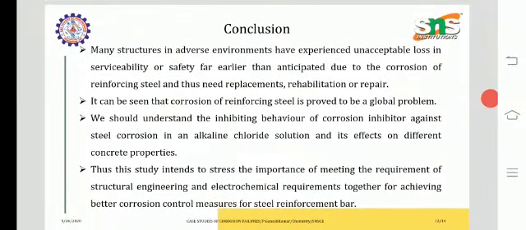So the conclusion part. What is corrosion? We say that corrosion is a dry or a wet process.